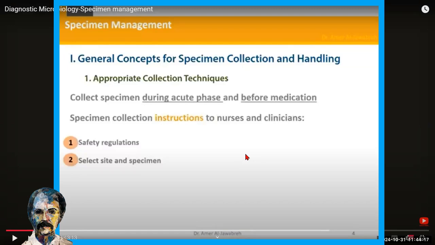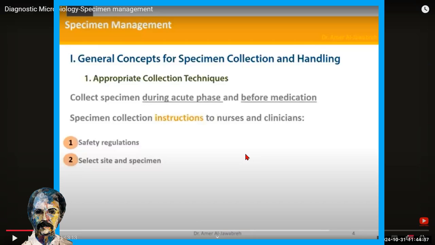Select site and specimen. You need a urine culture. If we say urine culture, we know that we should take a sterile urine cup, and we take urine, not stool, not sputum, for instance. The specimen is urine.